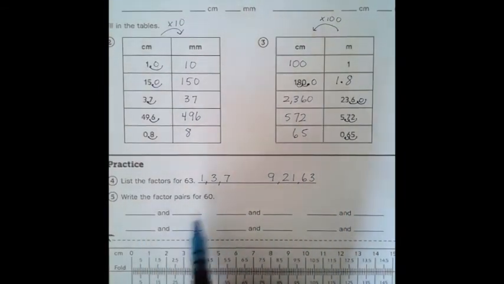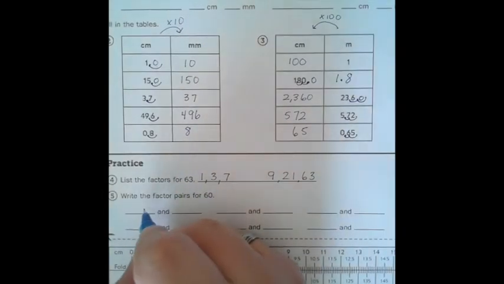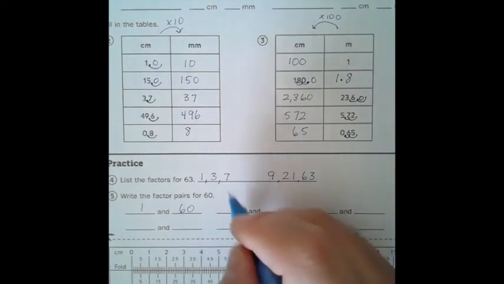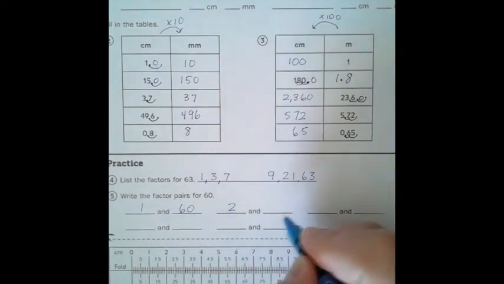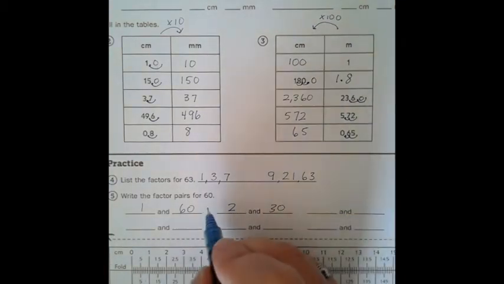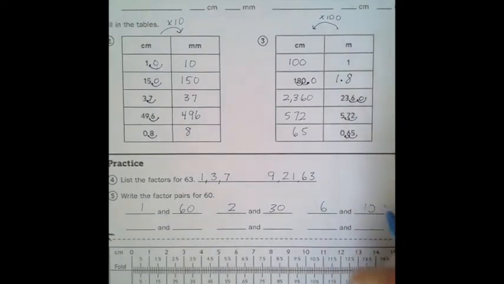Write all the factor pairs for 60. We'll start with the easy one, that's 1 and 60. 60 can be divided in half, so we go to 2 and 30. Another easy one, because it's a multiple of 10, is 6 and 10. Another one that's easy is 5s, because you can count by 5s.